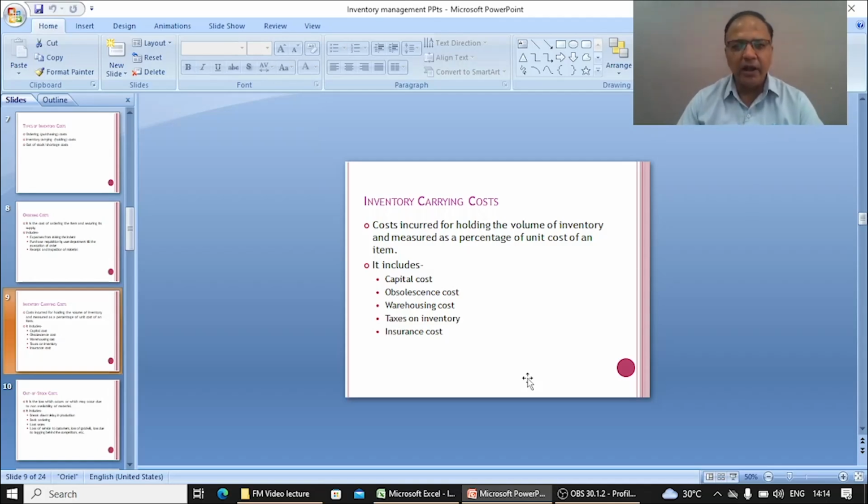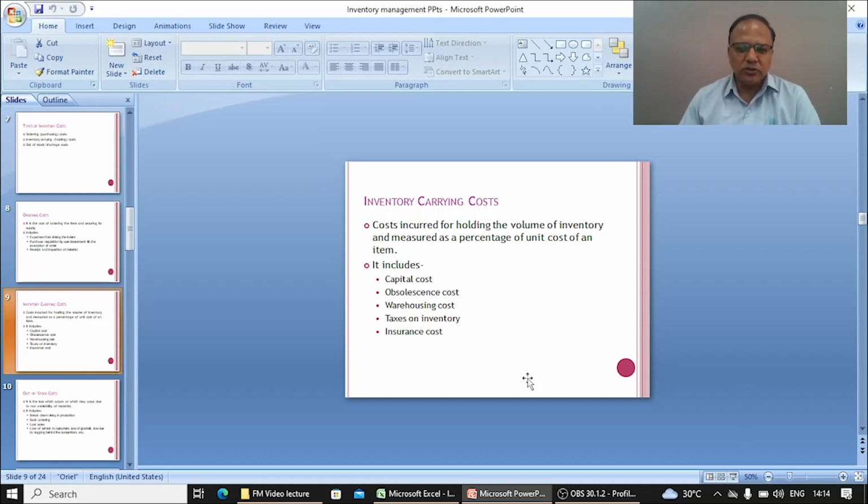It may be raw material in case of a manufacturing concern, and it may be finished goods in case of a trading concern. Now, when you are carrying goods, it includes some cost. If we combine all these costs, we can say it is carrying cost.